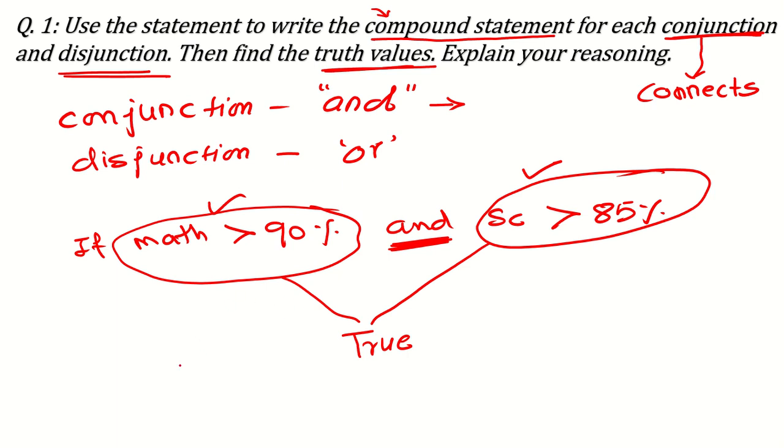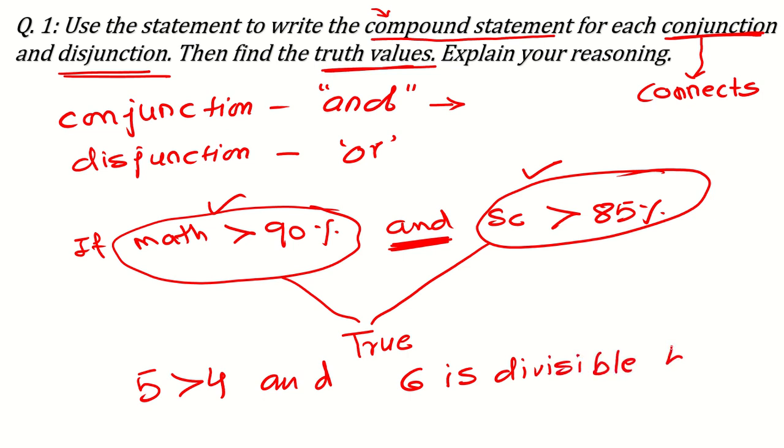Another example we can take: 5 is greater than 4 and 6 is divisible by 2. Now you see here 5 is greater than 4. This is correct. Yes. And 6 is divisible by 2. This is also correct.